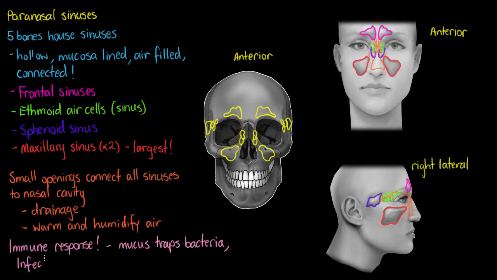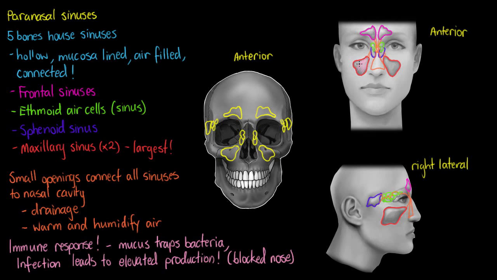So put simply, the immune response is that mucus will trap your bacteria, and an infection of bacteria will lead to elevated production of that mucus, which is going to result in your blocked nose. So I'll just quickly draw that up on the screen as well, that when we have a blocked nose, our sinuses are going to be filled with mucus.